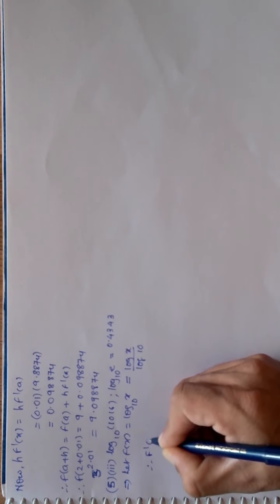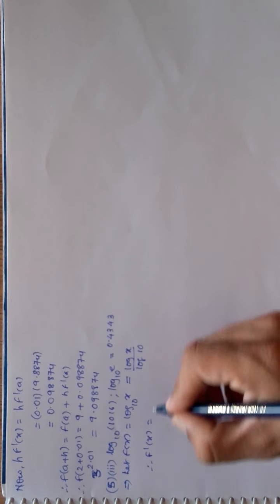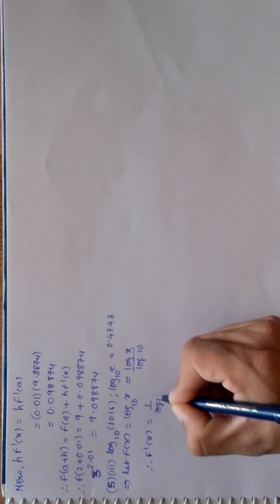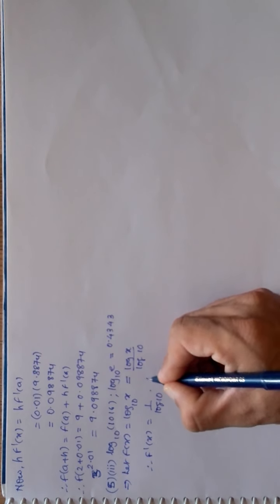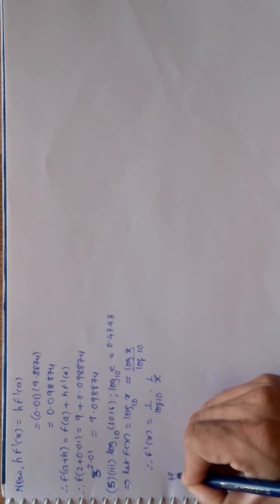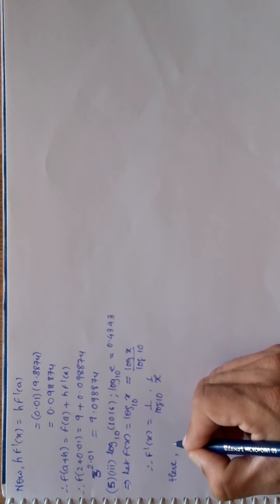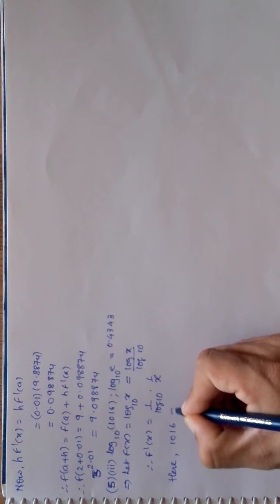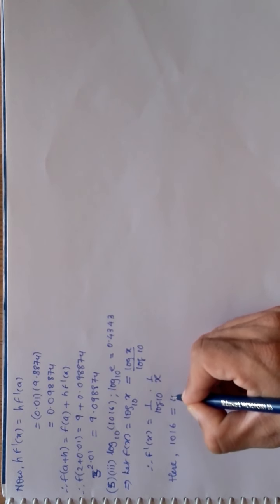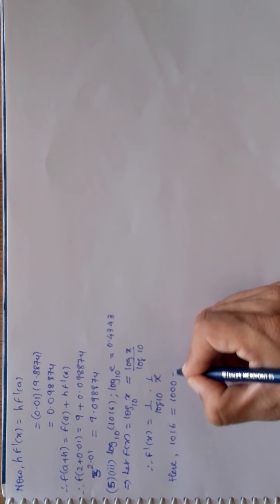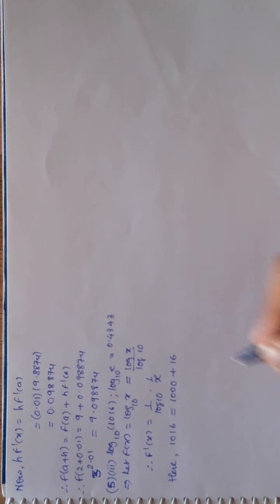Now your derivative of f(x) will become 1 by log 10, which is a constant multiple, remains as it is, and log x derivative is 1 by x. Now here when I see 1016, I find it very near to 1000 plus 16. Agreed.